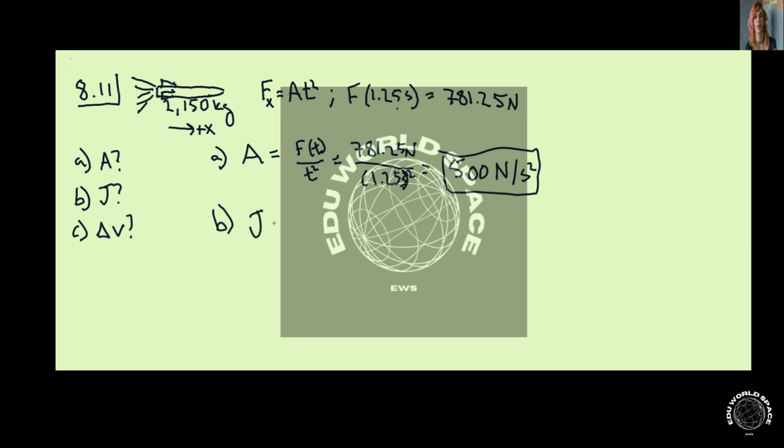So we know that J is equal to the integral between 2 times of the force. And in this case, T1 is 2 seconds, and T2 will be 3.5 seconds.